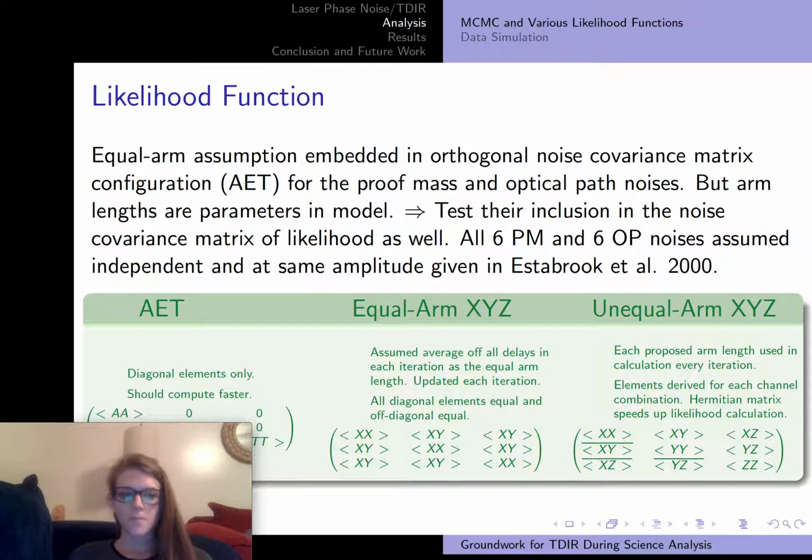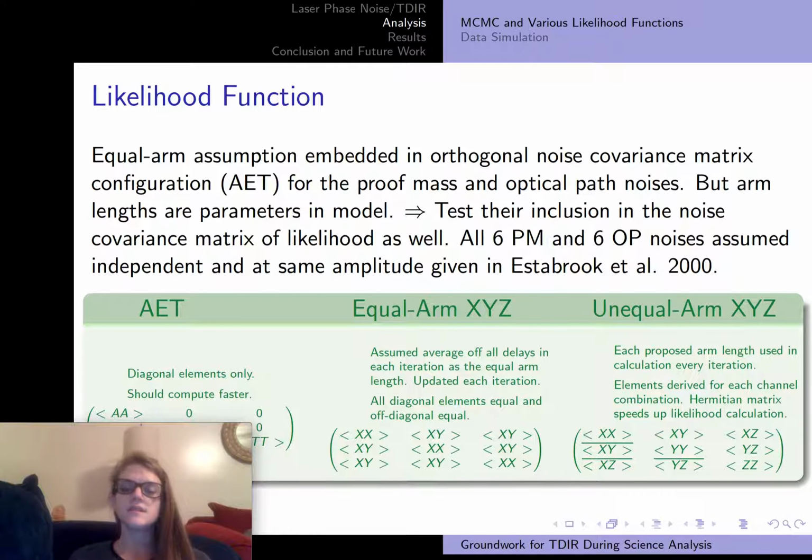So there is the orthogonal noise covariance matrix configuration, or AET, which is convenient because the way it is formulated, you end up with only diagonal terms. So this should compute faster. But the AET matrix assumes that all of the arms are equal when forming up this noise matrix.